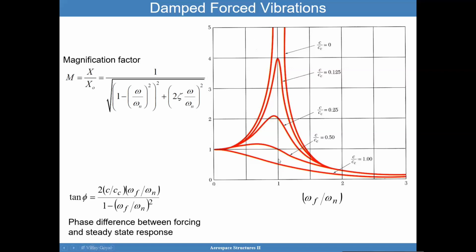Now, you can also notice that when omega f is much greater than omega n, so say the natural frequency of this system is 3 hertz, but the loading I'm applying is in the 50 hertz. So I'm actually pushing the system back and forth, but at 50 hertz or more. So 50 divided by 3 is quite a bit. It's much higher than this.